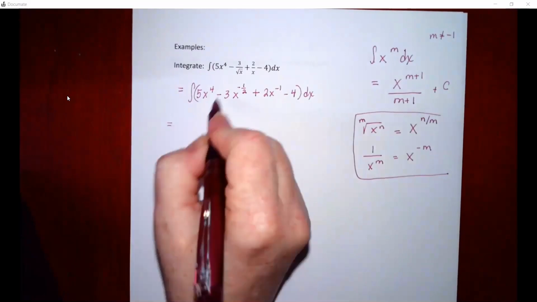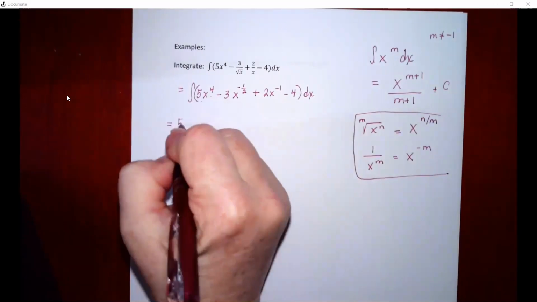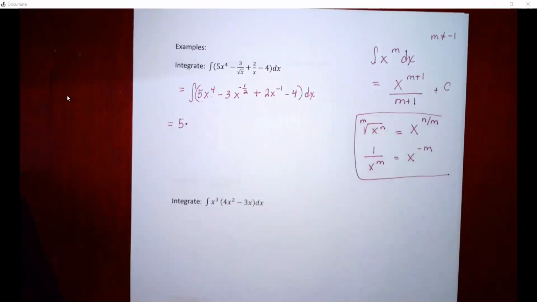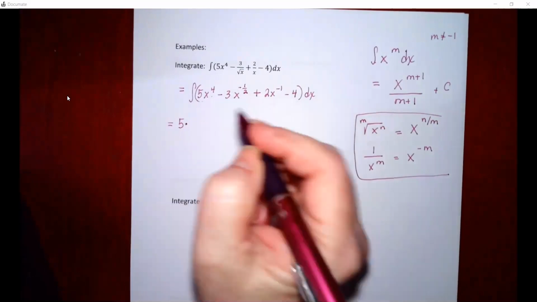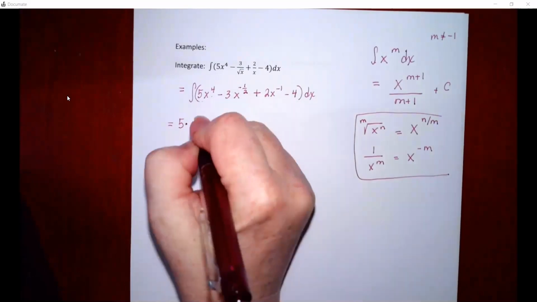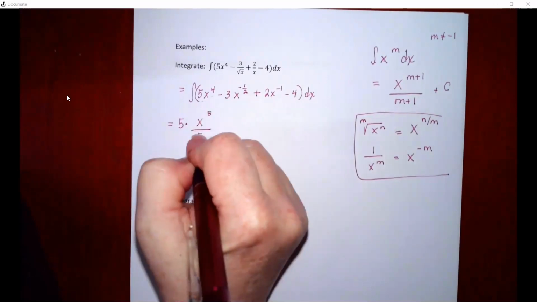So in this case, we're going to integrate 5x to the fourth. We would have 5 times, because remember the integral of a constant times a function is that constant times the integral of the function. To integrate x to the fourth, we will add 1 to the exponent and divide by the new exponent.